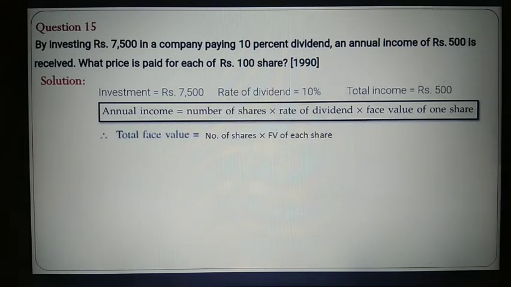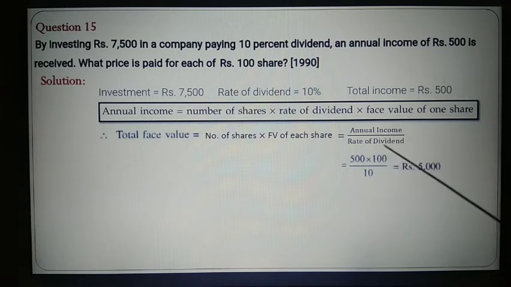So this is equal to annual income by rate of dividend. What is annual income? Annual income is 500. And what is rate of dividend? Rate of dividend is 10%. Now when you convert that percent into 1 by 100, this 100 comes here, and after simplification, you will get rupees 5,000 as your total face value.